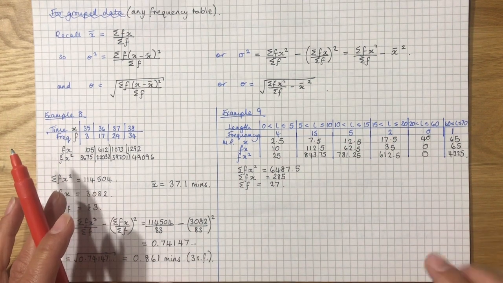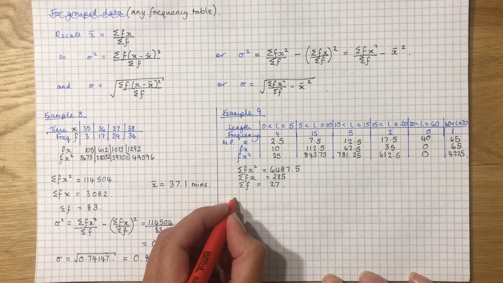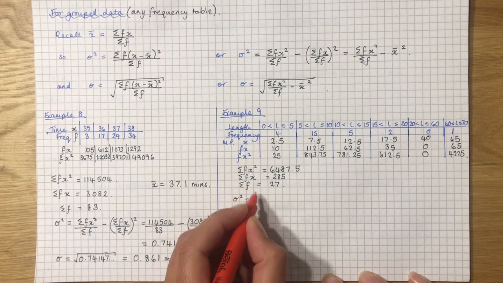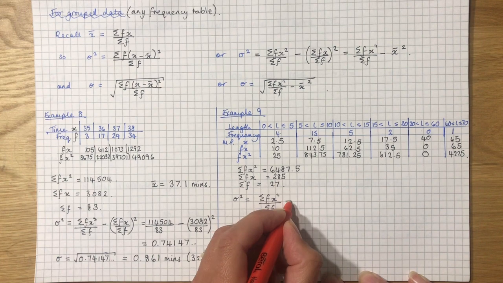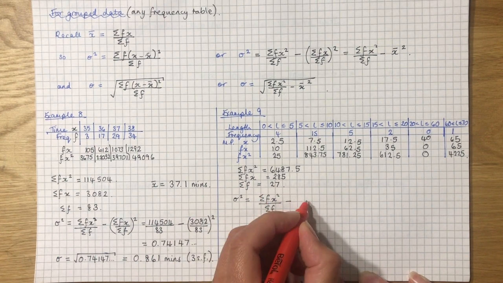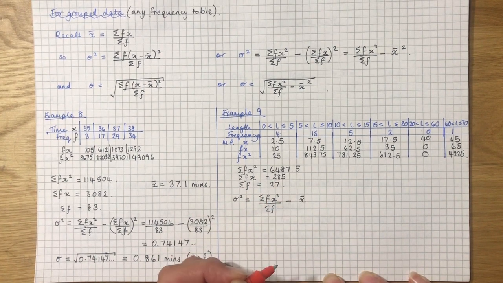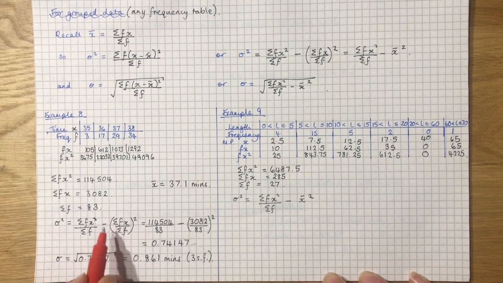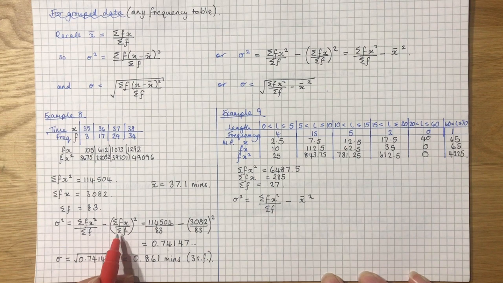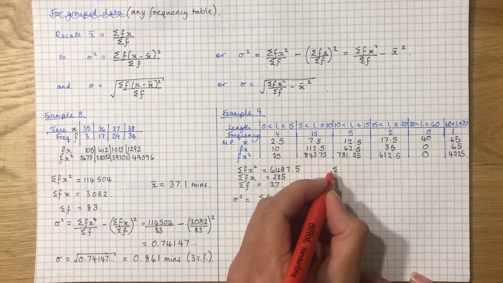So our variance first is the sum of fx squared over the sum of f minus the mean squared. I'm going to do it differently this way, so you can see that in both ways. Now there's no different to this. That was also the mean, sum of fx over the sum of f. So what I'm going to do here is work that out first.